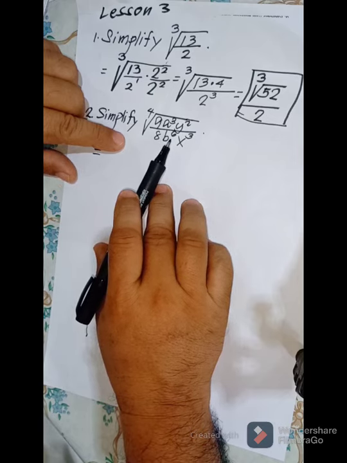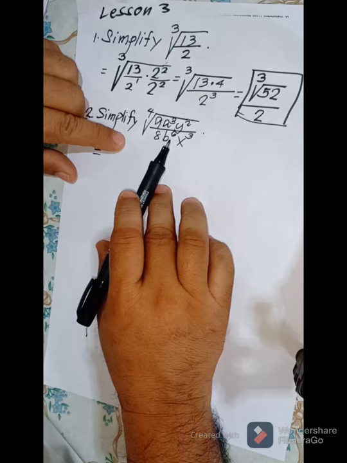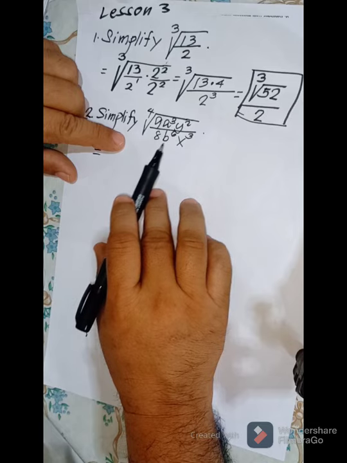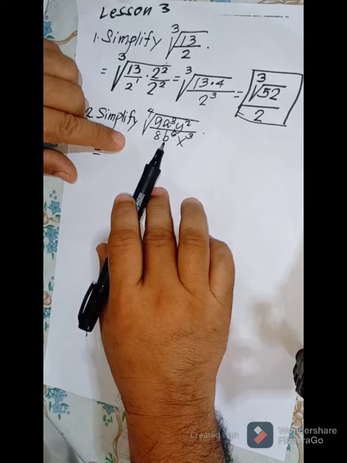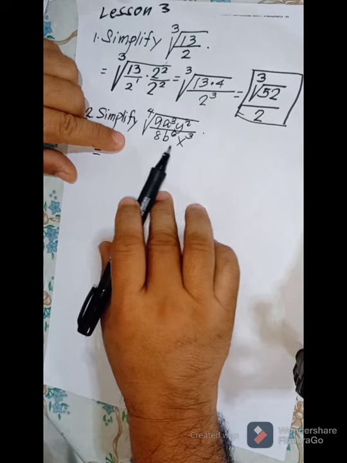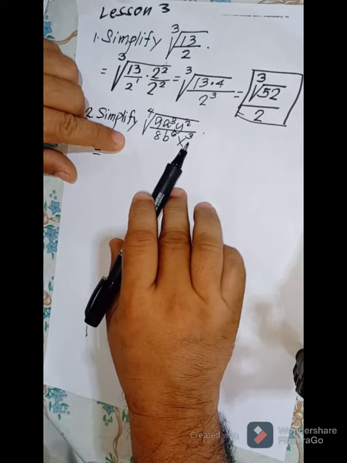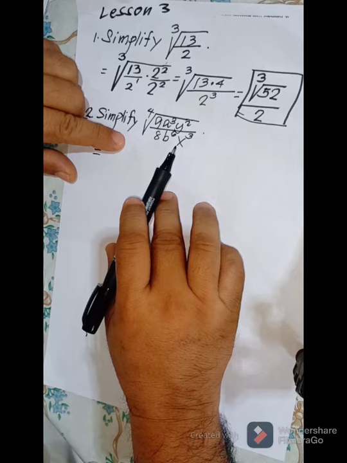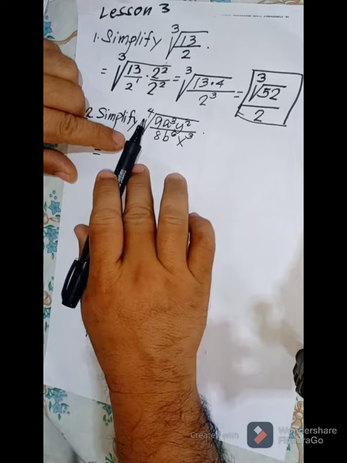So to make b to the sixth a perfect fourth power, we multiply this by b squared. For x cubed, we multiply x cubed by x, so that the result becomes x to the fourth power whose exponent is equal to the index 4.